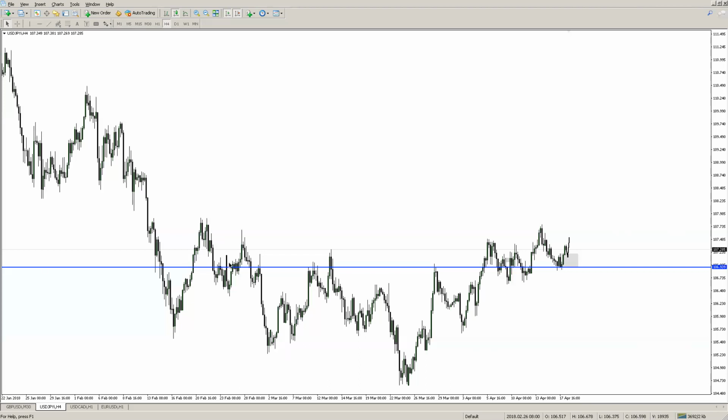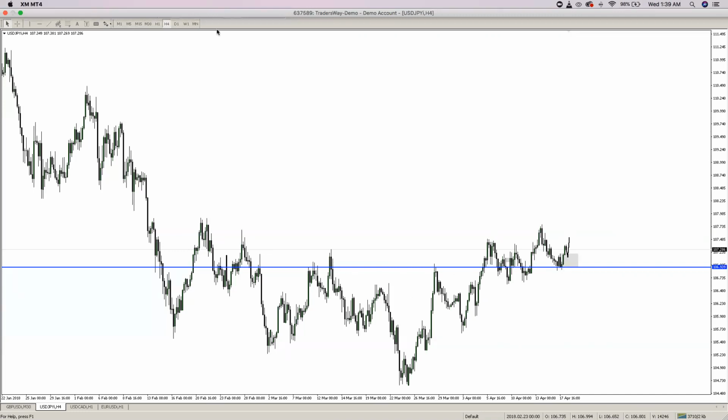Traded up, consolidated. Look at how we've hung around the level, but each time it comes up to it, resistance, resistance, trades through it, finds a little bit of support. You can see how influential the level is.